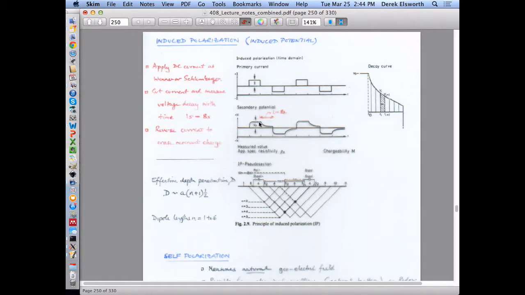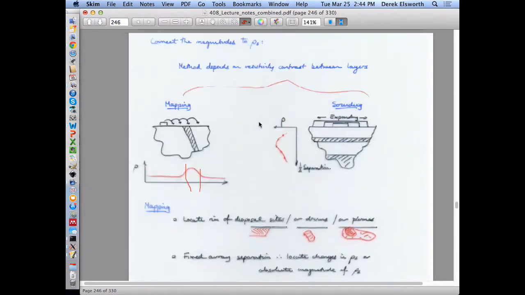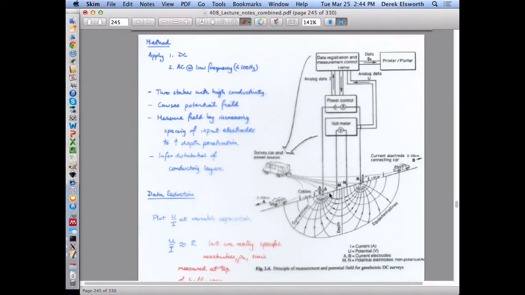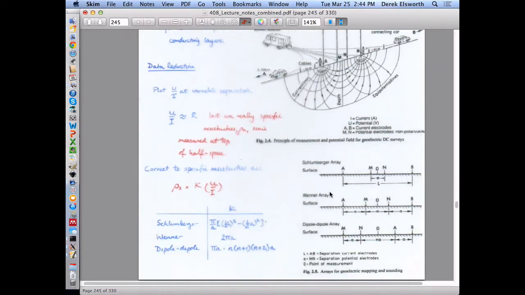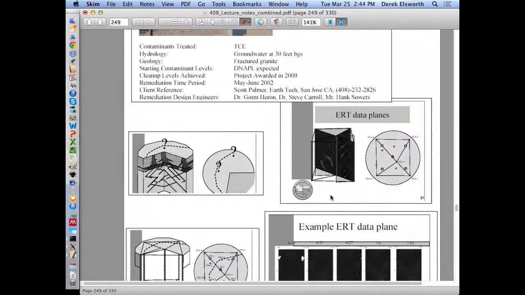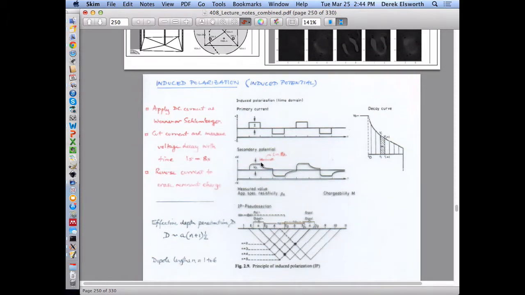You reach a steady state voltage, which is basically the voltage that you'd measure between these injector electrodes and these measuring electrodes, which in the steady state would be a single value. It would change as you change the separation, but it would be a single value. But as soon as you turn off this flow between A and B, all of a sudden what's going to happen is the voltage that you measure between those will decay and drop down to background.